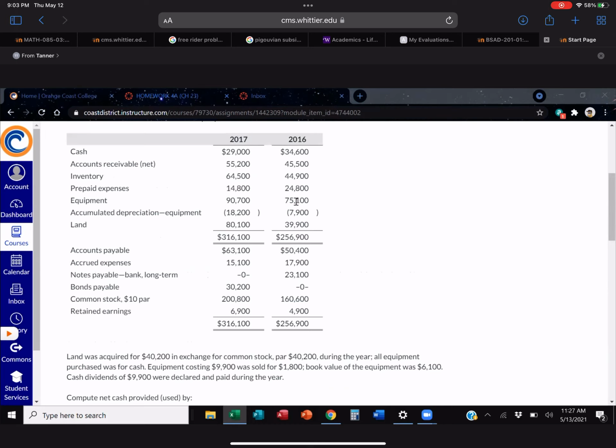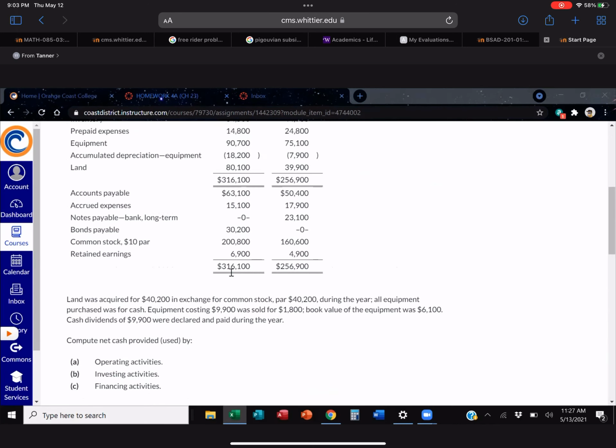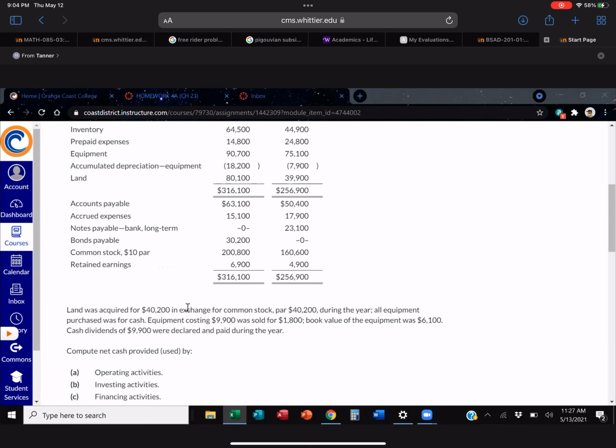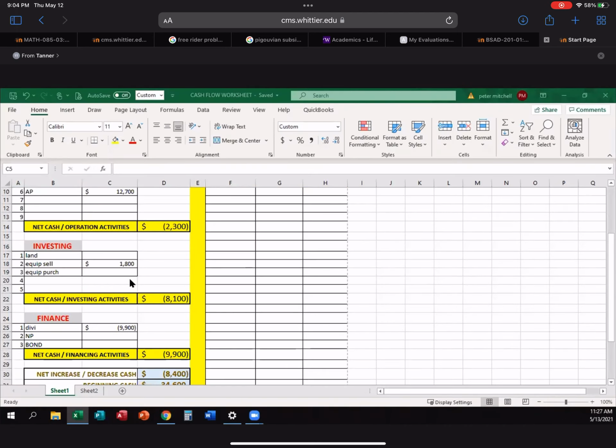So take that minus the 9,900 and then subtract from equipment, and you'll see that we purchased $25,500, and it says that it was cash. All equipment was purchased with cash. So 25,500 we purchased, which means we lost money. That's a minus 25,500. There. Nice.